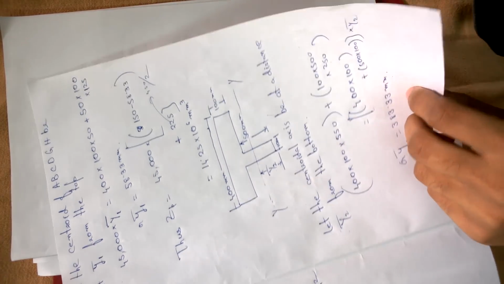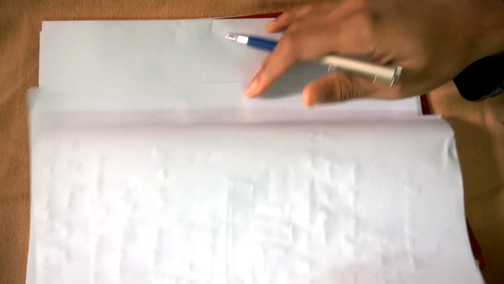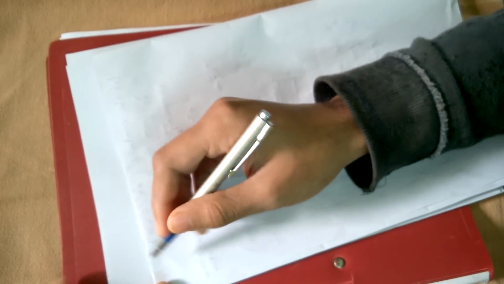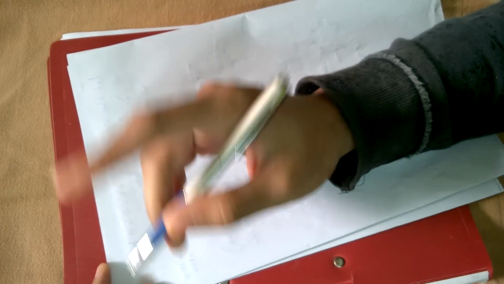Now we need to find the moment of inertia about this centroidal axis yy bar. Remember that we apply the parallel axis theorem, and while applying it we always use the moment of inertia about the centroidal axis.